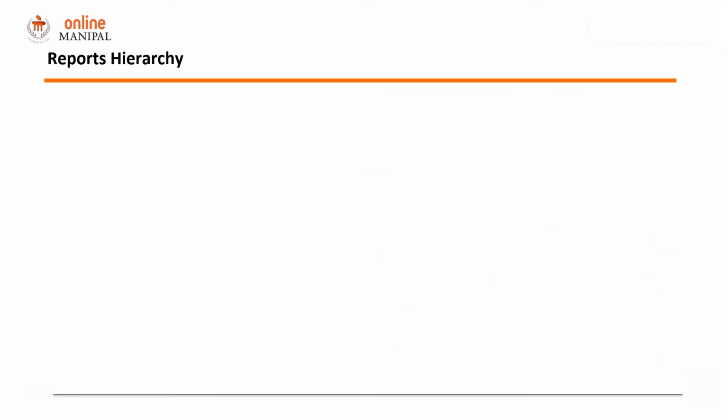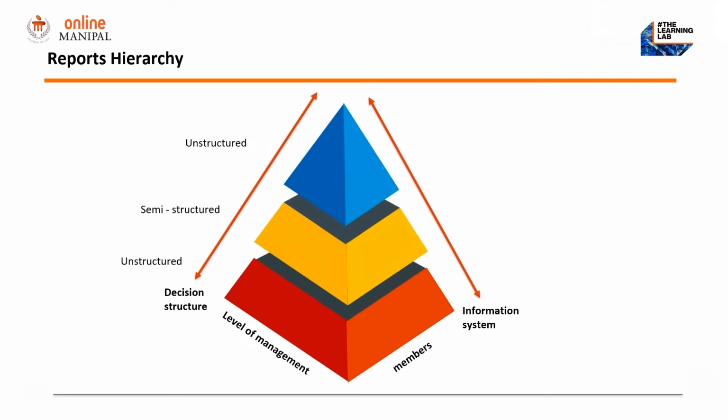Now that we've seen different kinds of data hierarchy, let us quickly take a look at the reports hierarchy. At the base of the pyramid we see the transaction processing system. So the operational level reports are generated from your transaction processing system, and these reports provide information on the individual transaction processes.